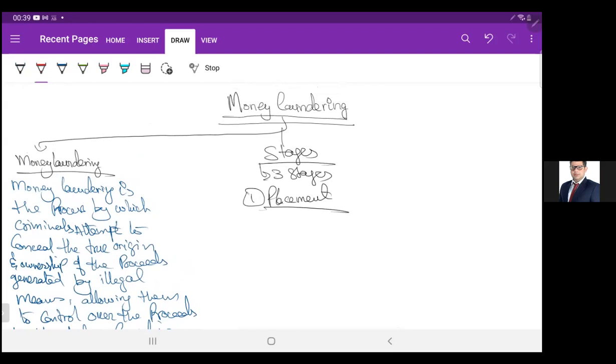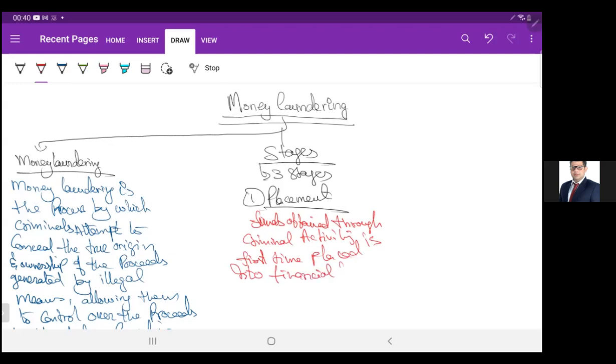It is funds obtained through criminal activity being placed for the first time into the financial system. That's placement, the first step of money laundering.